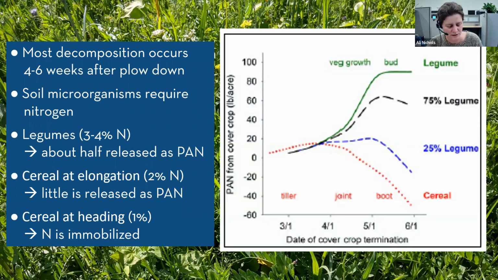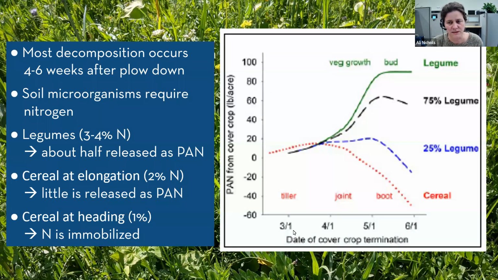For non-legumes, such as cereal rye, that may contain just 2% nitrogen during the stem elongation phase, the release of plant available nitrogen is small, because most of the cover crop nitrogen goes towards the work of microbes in building soil organic matter.